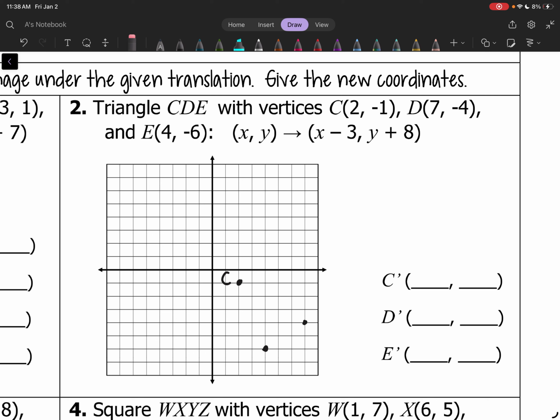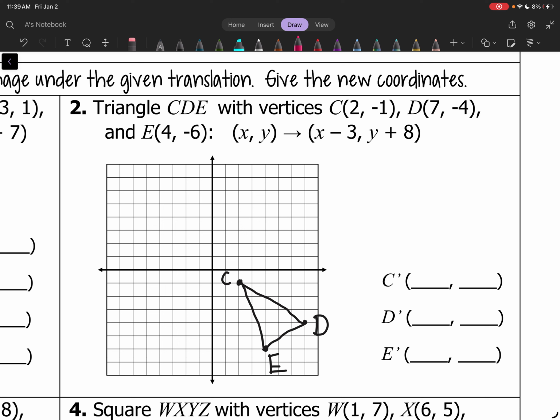I was talking and wrote -4 there instead of a D. There's my D, and here's E. Follow the letters, C, D, E. There's my triangle. Now I want to move this by x minus 3 and y plus 8.